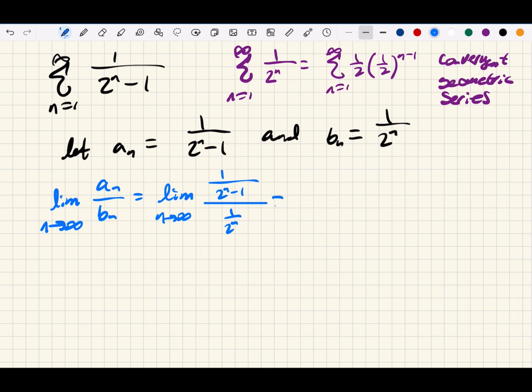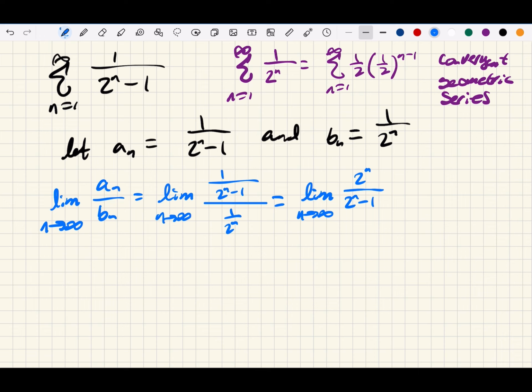Now, I'm going to invert and multiply, so that becomes the limit as n goes to infinity of 2 to the n over 2 to the n minus 1. Now, what's the top and what's the bottom going to be in the limit? What did you do in Calc 1 for those? Can you use L'Hopital's rule here? Because it is a limit.